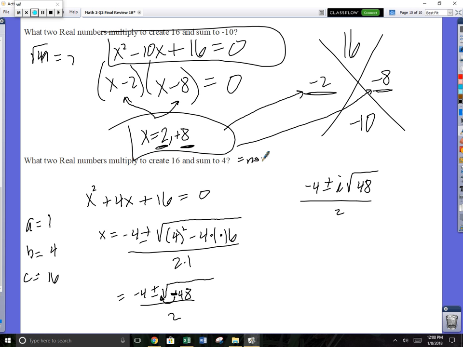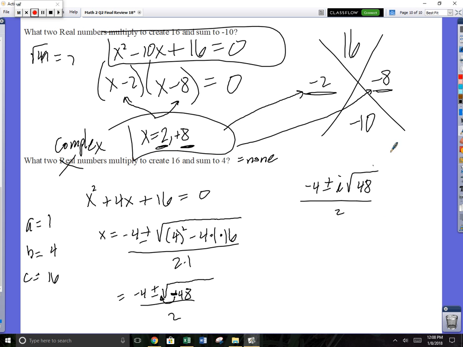There are none. There's no real number that will satisfy these conditions. But there's going to be an imaginary number that will. So we should have put complex. That would have covered all our bases. Could be real, could be imaginary, could be part real and part imaginary, which is complex.